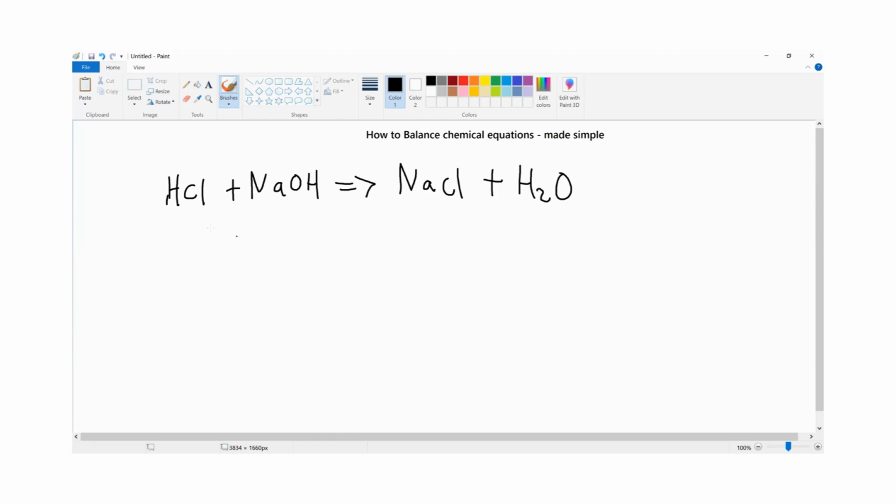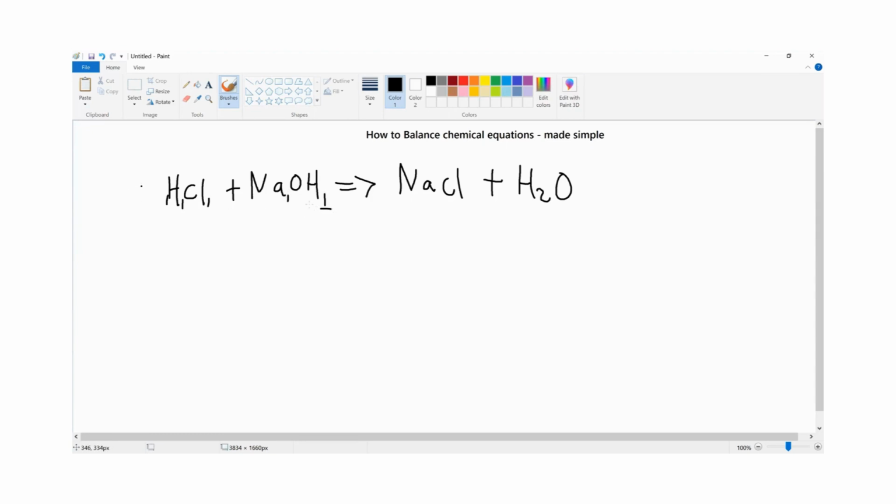So let's begin. We know that this is an acid and a base. Now, the easy trick I have for y'all is whenever there's an acid and a base, all you gotta do is look at the coefficients of the acid. For example, this one, we only have 1s, and for this one, we have 1s as well.